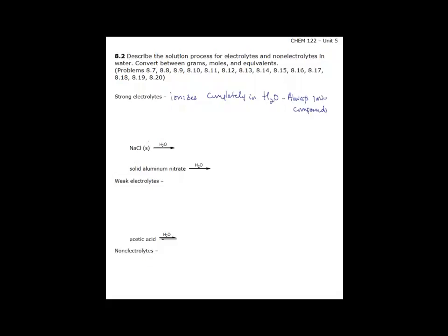So sodium chloride starts off as a solid, then you add water, and it breaks up into its ions. Now, you might think it dissolves because it's soluble, and then it forms ions. How do we know it forms ions? Because electricity can be conducted in this solution.